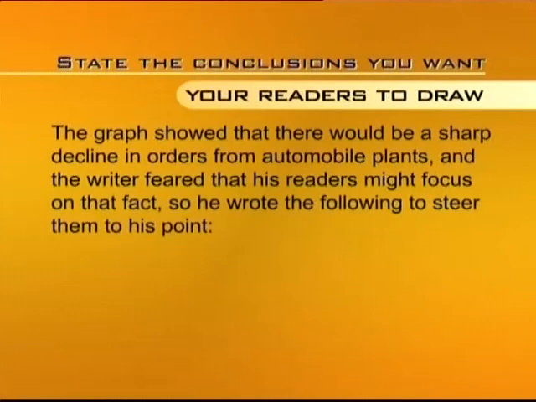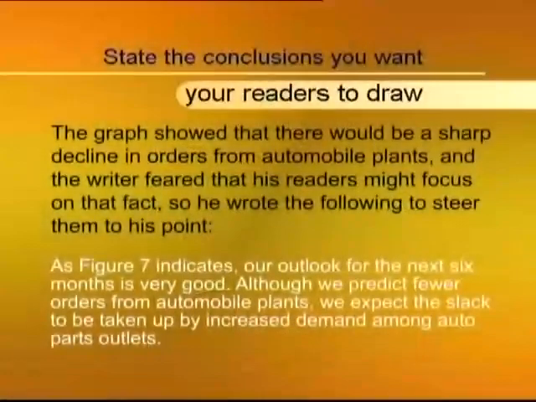So he wrote the following section to steer them to his point. ग्राफ में कुछ और चीज़ भी दिखाई गई थी और कोई ऐसी चीज़ भी थी जो राइटर दिखाना चाह रहे थे, तो देखते हैं कि उन्होंने अपने पॉइंट ऑफ व्यू पर एम्फेसाइज करने के लिए किस तरह रीडर्स की अटेंशन steer की. As figure 7 indicates, our outlook for the next 6 months is very good.